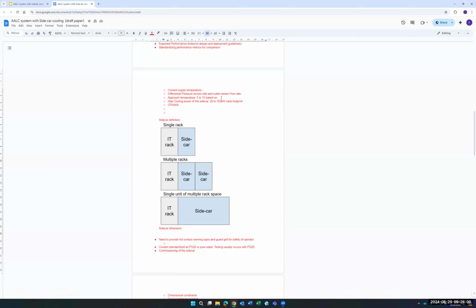But like I say, it depends, because if you have a very, very short approach, it is more difficult to get this power per kilowatt. If you have a very large approach, it's easier because you can play with the flow rate. In that case, I think this approach and this power makes sense to me.